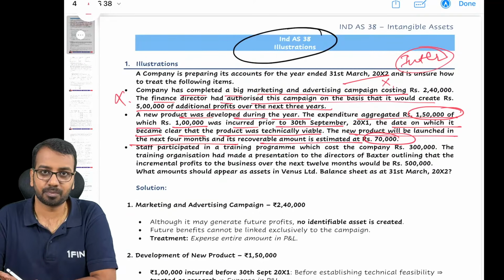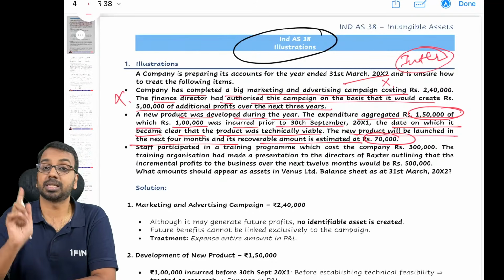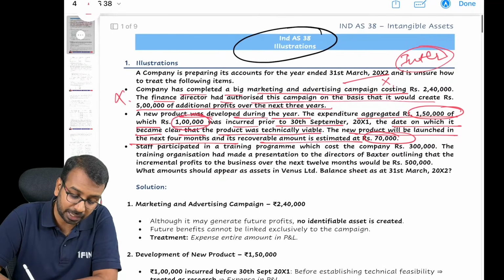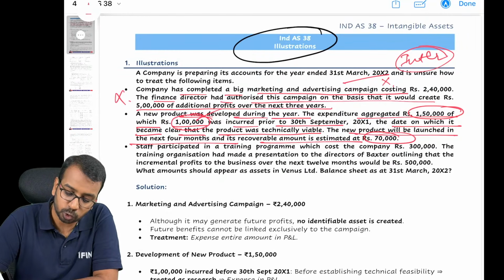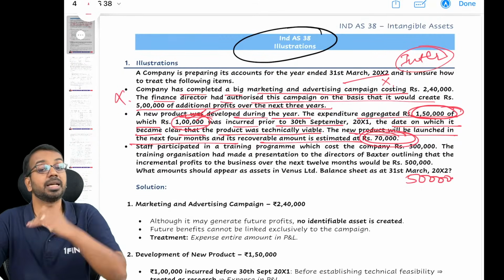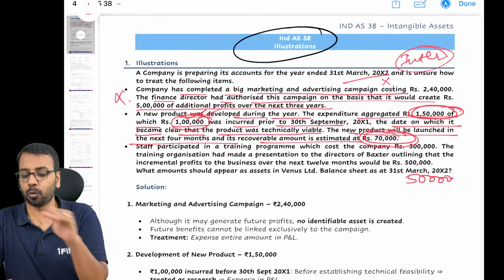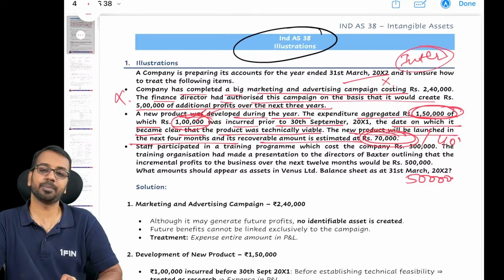Whatever happens, you will not recapitalize that expenditure. Second, research phase, 1 lakh, expense completely. Total expenditure 150, 1 lakh is expensed, 50,000 will be capitalized. Recoverable amount is 70. If recoverable amount is 70, no problem. If recoverable amount is 40, you will write off 10,000 as impairment.